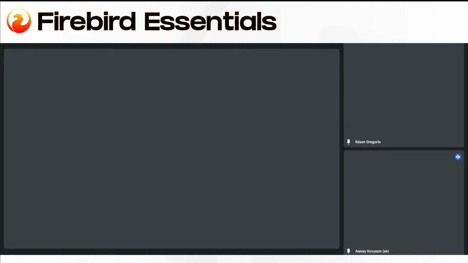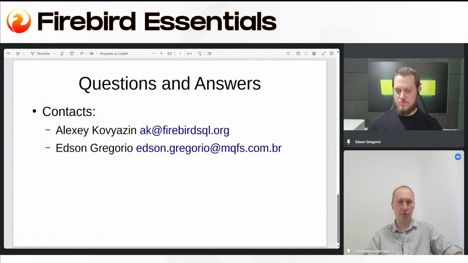But when the first beta version of 6 appears, probably we will start to drop the support of Firebird 3. It means that for Firebird 5, from now on, it means like 6 years of support until version 7. So 6, 7.